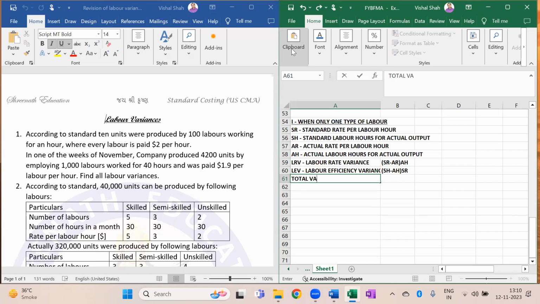Total variance formula is LRV plus LEV. Or else you can also say it can be calculated as SR into SH minus AR into AH.